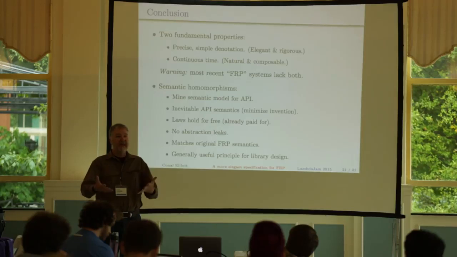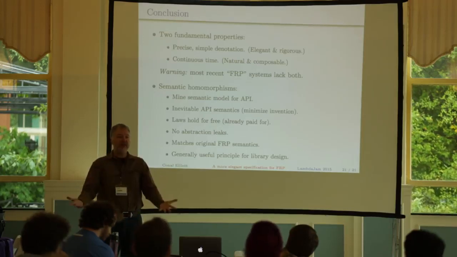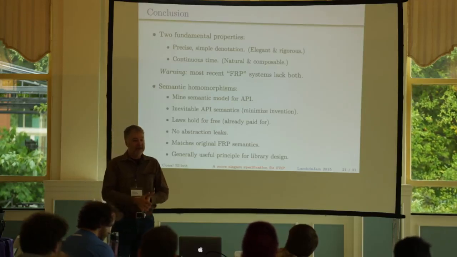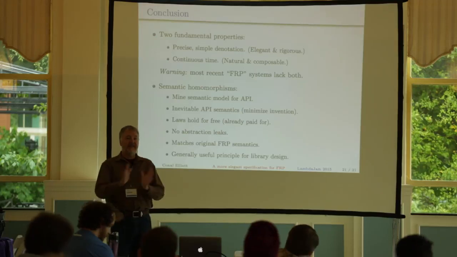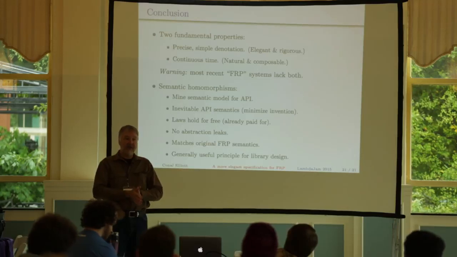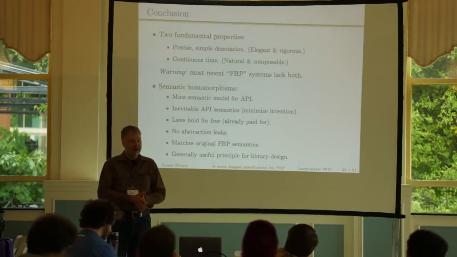That just means that the meaning function distributes over the API structure of these abstractions. And you get very nice properties. The semantics invents the API, or it suggests one for me. It tells me exactly what the API has to mean, so I don't get to choose that, which is a good thing. And the laws hold for free. They hold inevitably. You can go prove them if you like for fun, but they'll always hold.